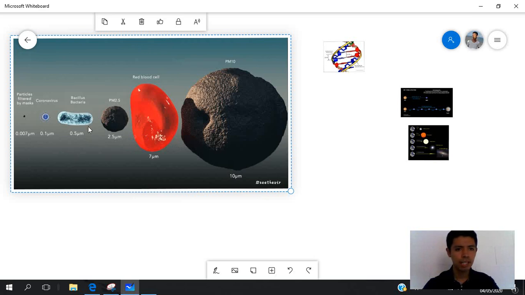Here you can see the length of the bacillus bacteria, 0.5 microns. And you can also see the length of the coronavirus, which is 0.1 microns.